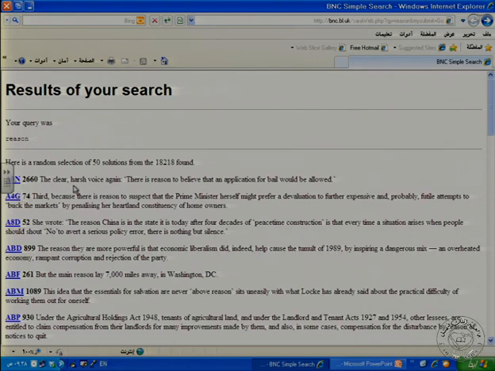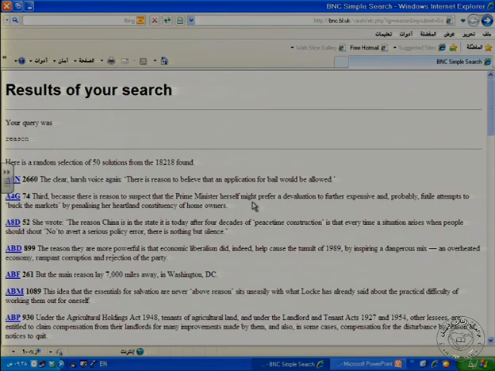The clear, harsh voice again. There is reason to believe that an application for bail would be allowed. So here is the word reason. Let's read the second sentence. Third, because there is reason to suspect that the Prime Minister herself might prefer and so on. So we see there is reason. There is reason.